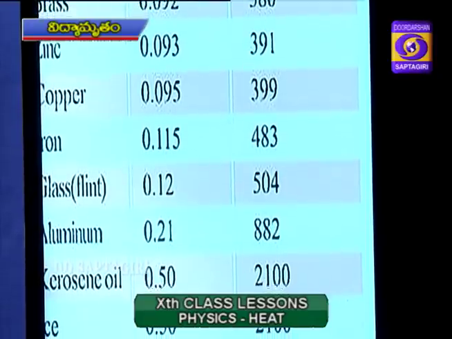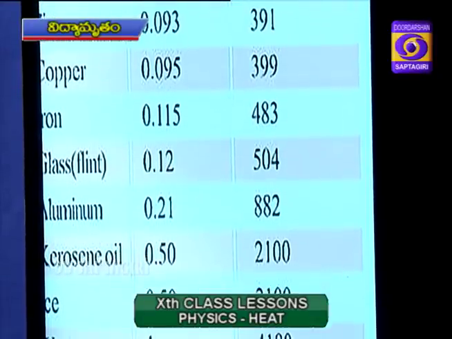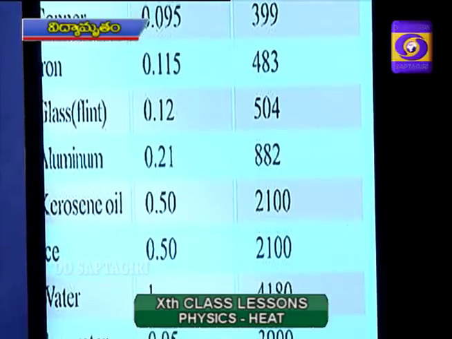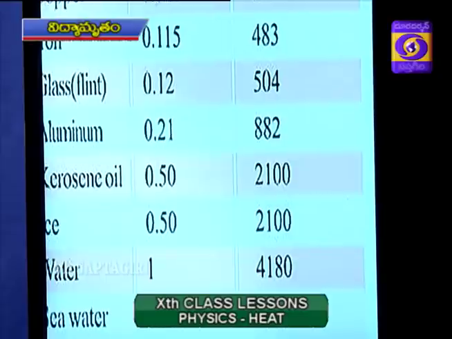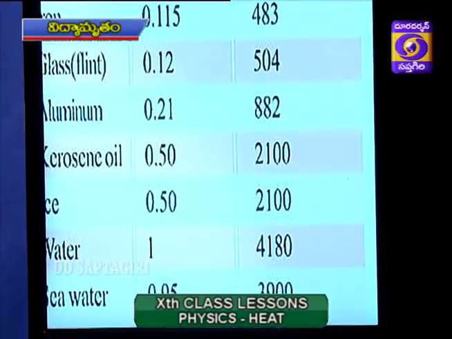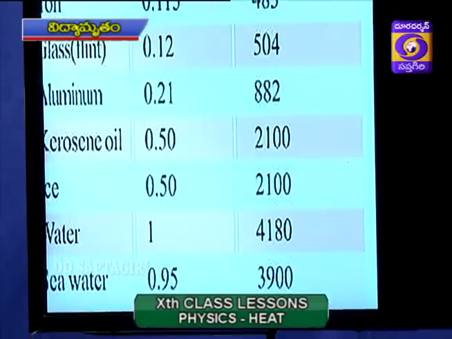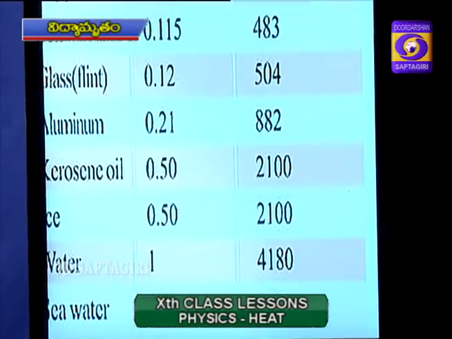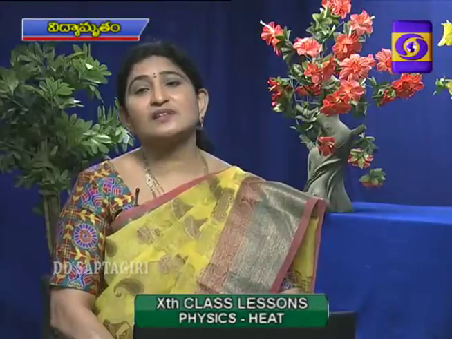In which test tube is the temperature rise high, in which test tube is it low, why, they will ask you. The temperature rise in oil is very high because the specific heat of oil is less than water. Likewise, they will ask you so many types of questions, they will give some sort of pictures, and they will ask you some questions like that.